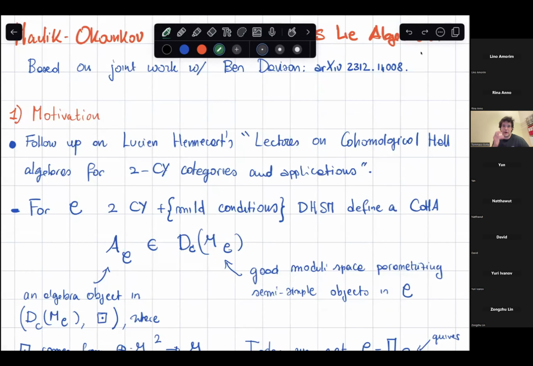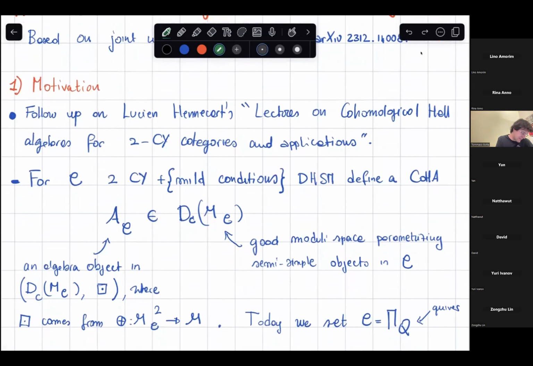The monoidal functor entering the definition of the monoidal structure comes from taking direct sums of semi-simple modules.